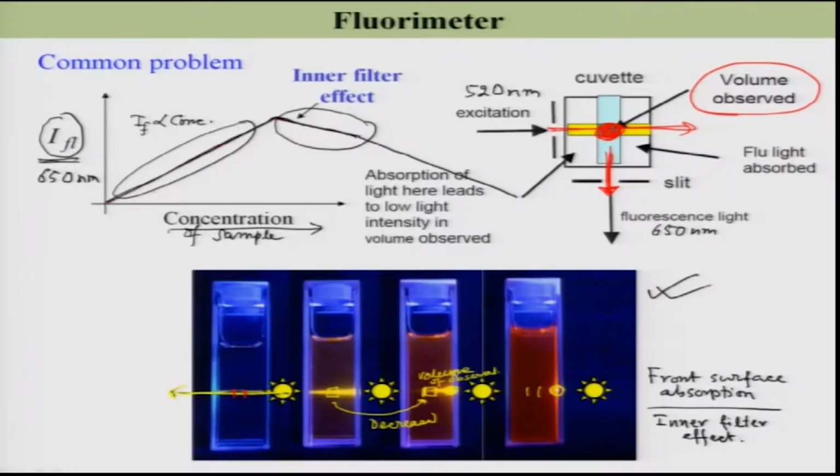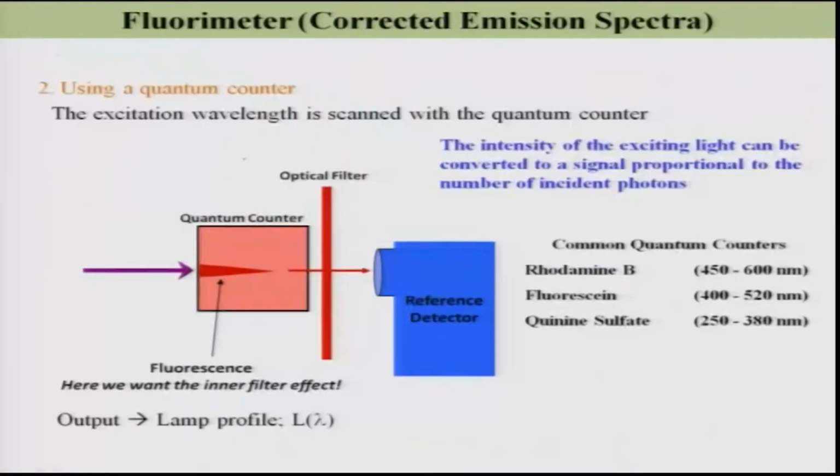You have to be in this region. If you go in this region, then it is wrong; this region is correct. Okay. So, having this idea, let me show you that quantum counter, how to get the correct emission spectrum.